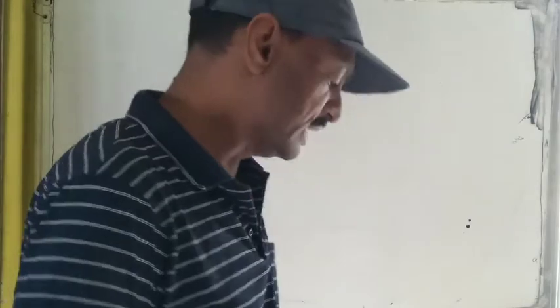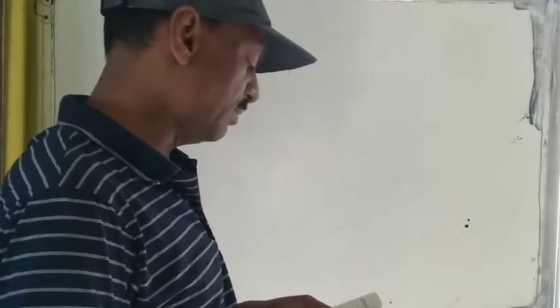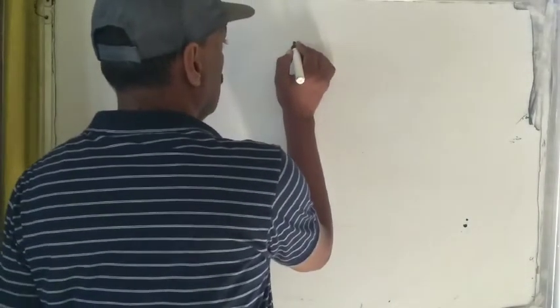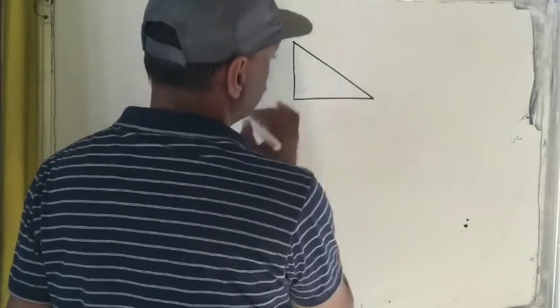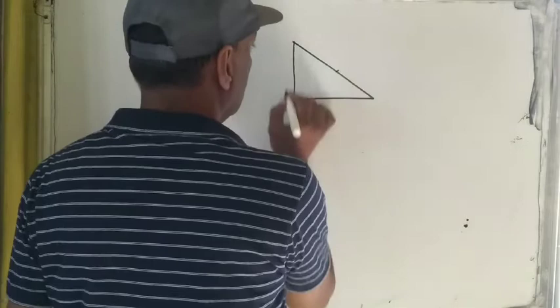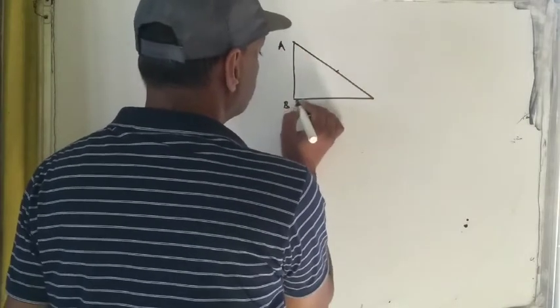Question number 9 is: a ladder 10 meter long reaches a window 8 meter above the ground. This one is the ladder. This is a simple question.